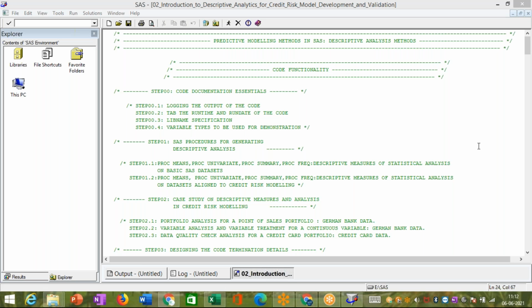First, we spent some time structuring the code such that we have appropriate macro variables and appropriate configurations so that the code will just work appropriately.